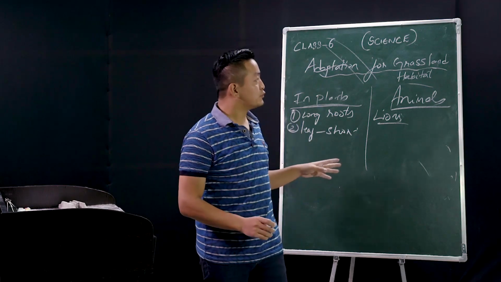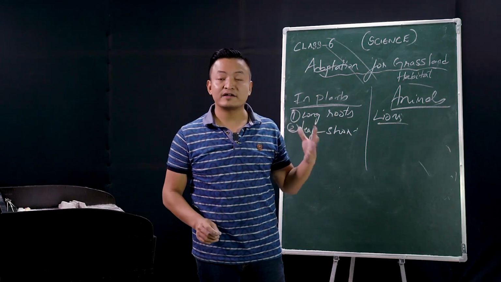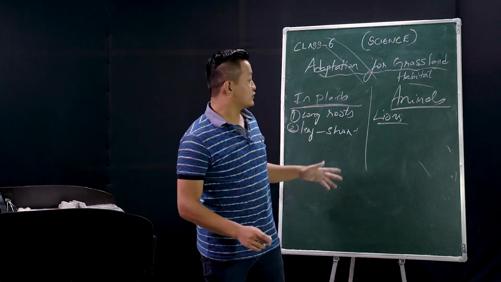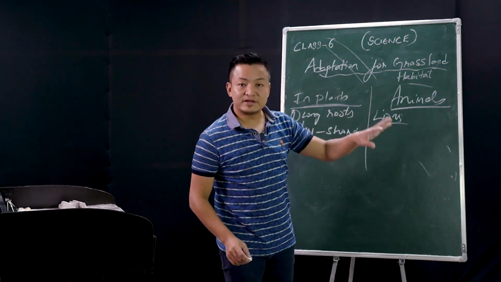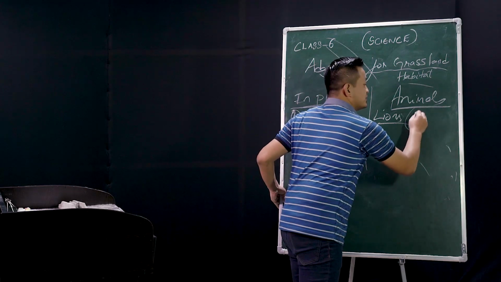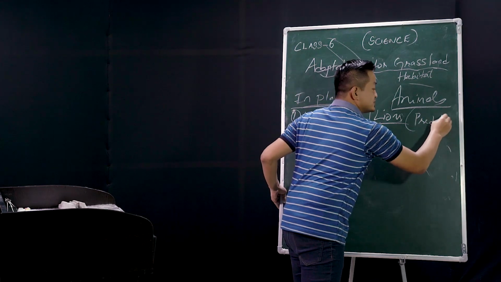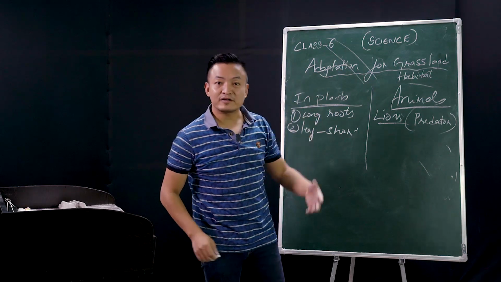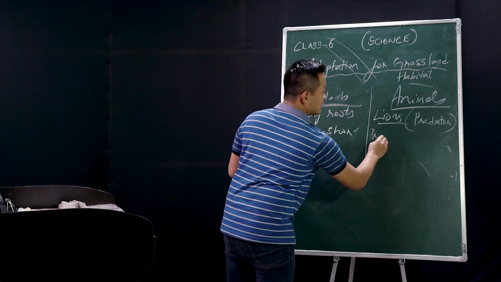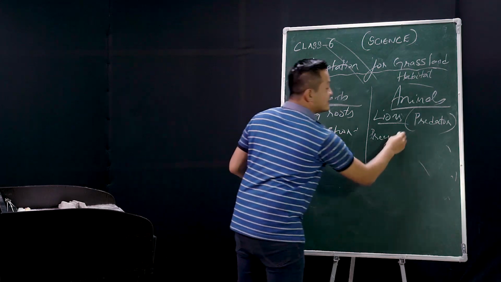And this is a very important property for them while they are hunting. Okay? So now discussing about lions. Lions are predators. Okay? Lions are predators because they are in search of their prey, right? And the prey, P-R-E-Y, these are animals to eat.